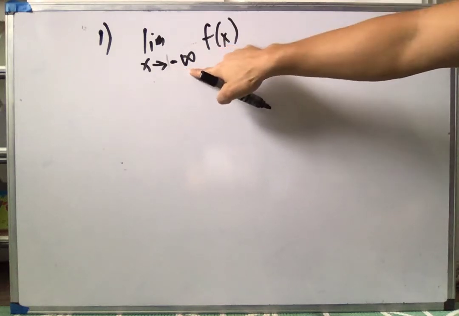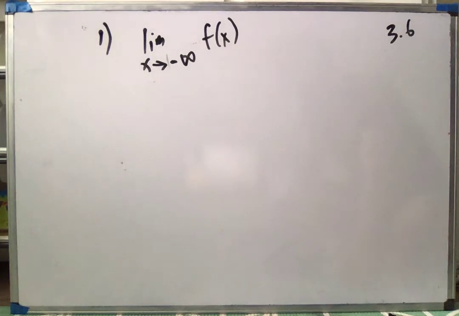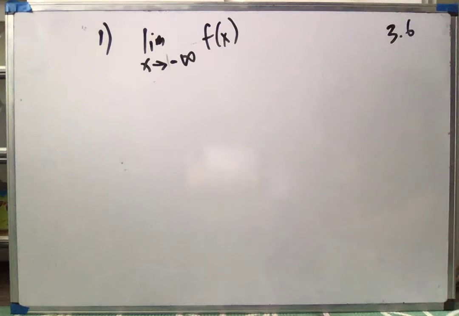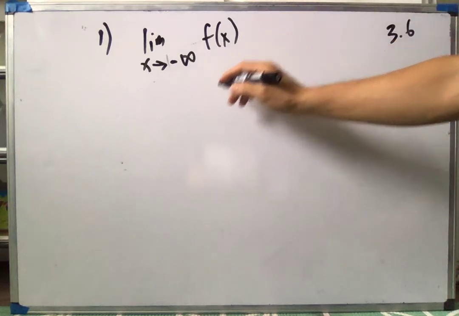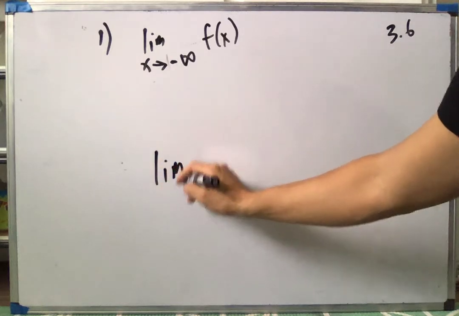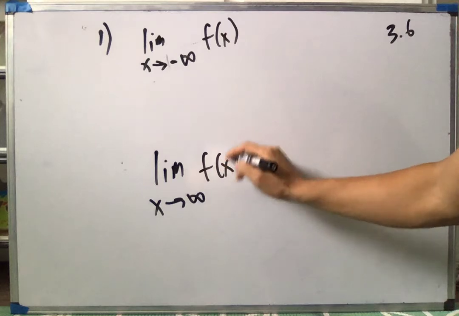In this case, the value is negative infinity, so it's like a really big negative number. Think of negative 10 million, 10 billion, 10 trillion, and just going further and further as far as possible to the left. So what is the limit of f of x as x goes to negative infinity? And the other question is, what is the limit as x goes to positive infinity of f of x?